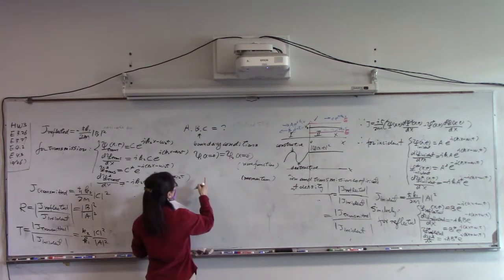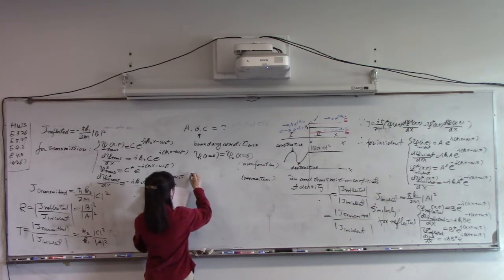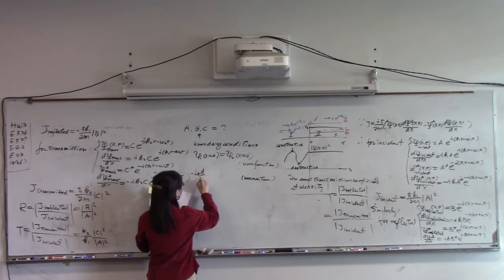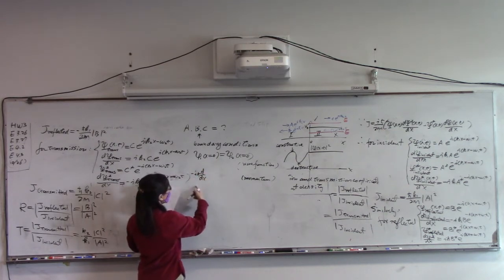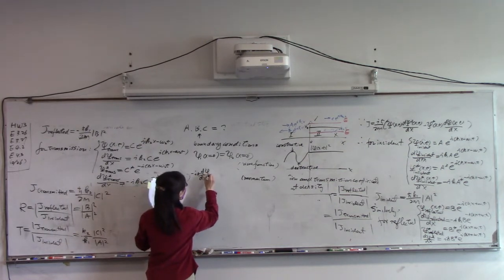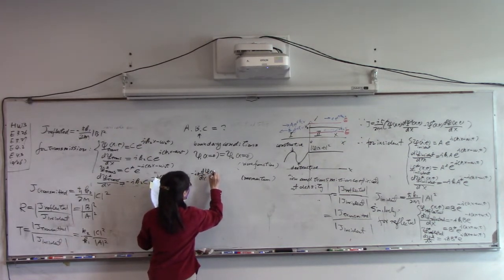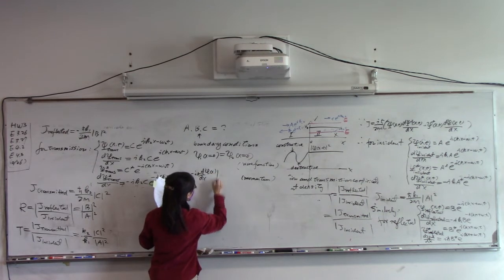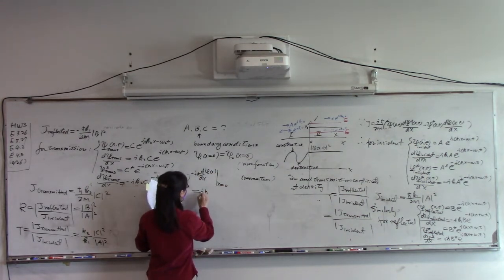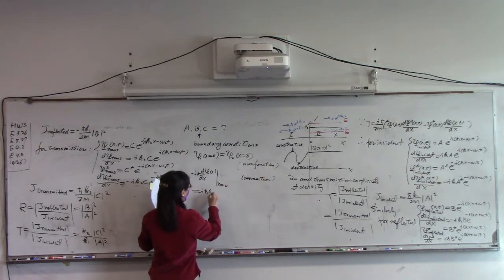Momentum is continuous at this point, and what is momentum? Remember, momentum p is minus i h bar d/dx. That is in region 1, so p at x equal to 0 should equal the momentum at the right-hand side.